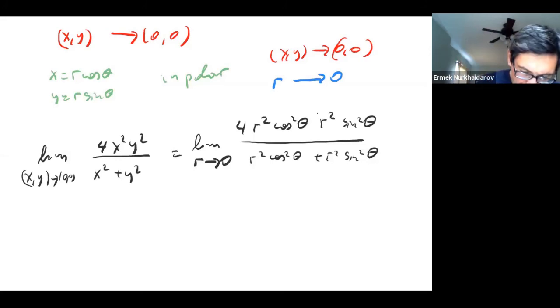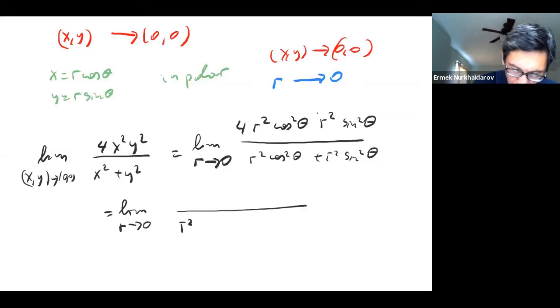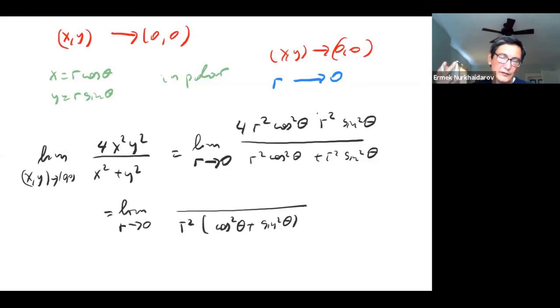So far, that's good. Limit as r approaching 0. Factor r squared on the bottom. Actually, right from square one, you might have said that x squared plus y squared equals r squared, so there was no point in doing that, right? But I kind of did not notice that. On top, we have 4 r squared cosine squared theta sine squared theta.